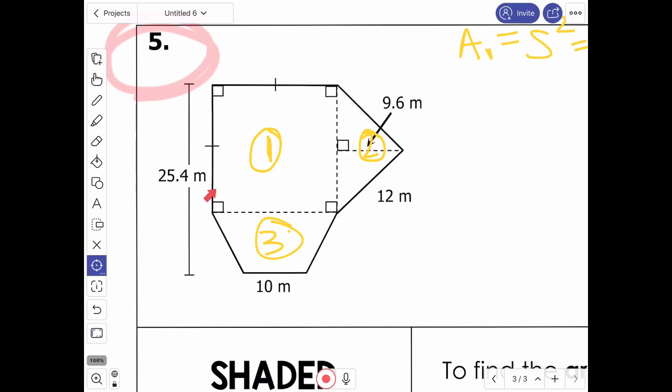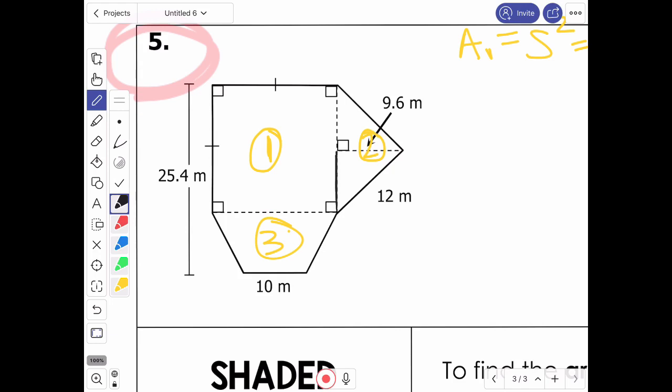So that's not really helpful. So I'm going to start with this triangle. With this triangle, I have two of my sides in a right triangle. So I'm going to probably use the Pythagorean theorem. And I want to know what one of these dotted lines is.